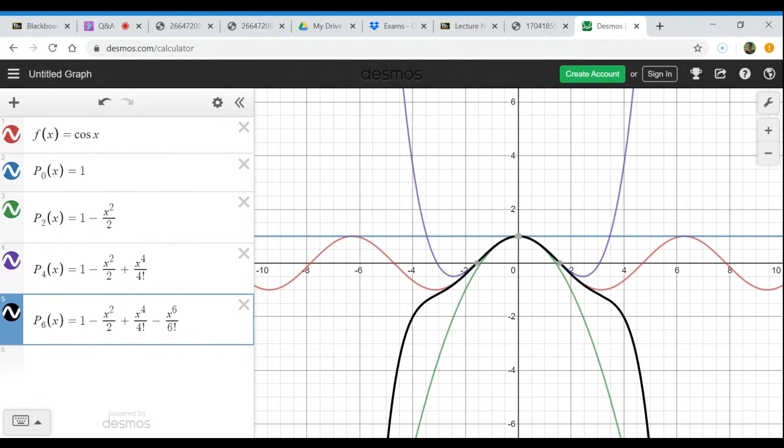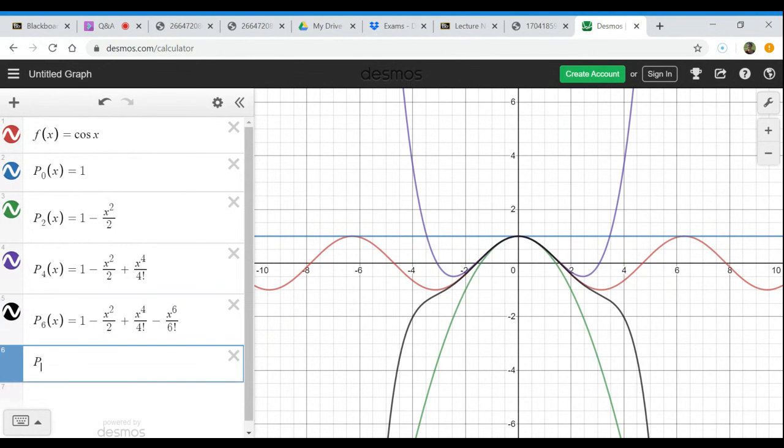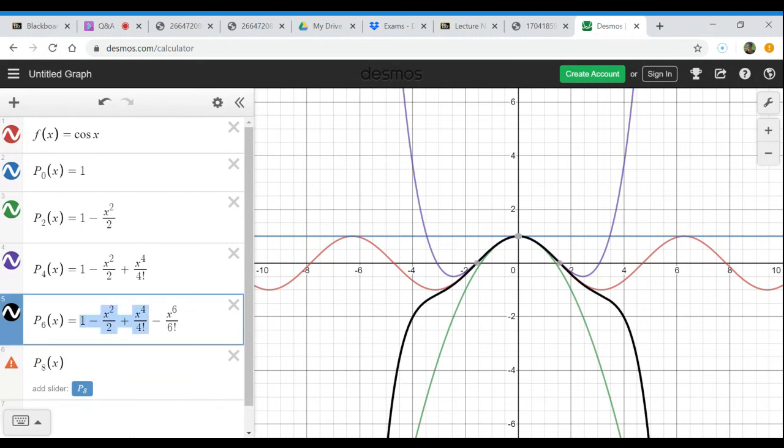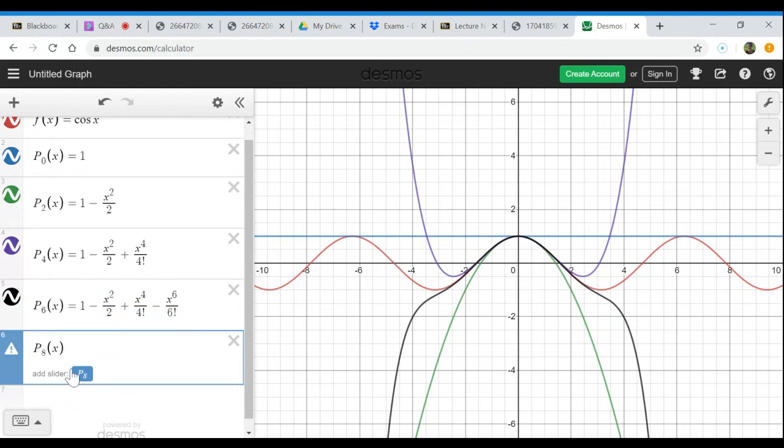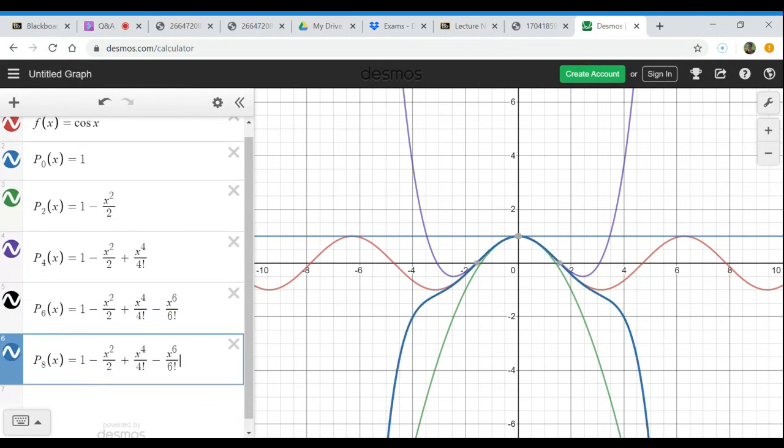And if we continue to generate polynomials, actually, let me type in p8 here. So p8 would be everything we had here, for n equals 1 through n equals 6. The 7th derivative will be 0, but the 8th derivative will be positive 1, x to the 8th over 8 factorial.